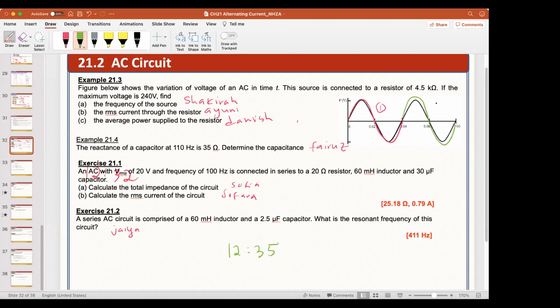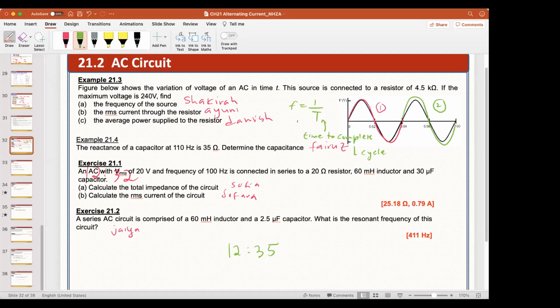So kalau kita nak cakap pasal frequency related to period, period is time to complete one cycle. Maknanya satu cycle dia 0.04.